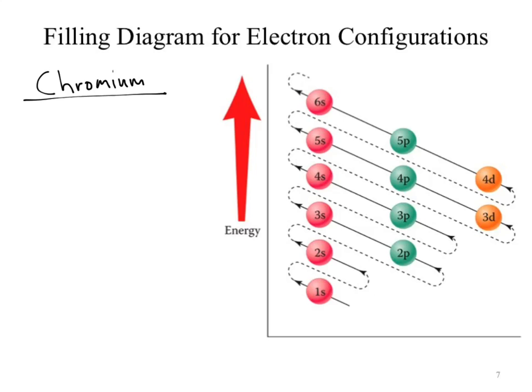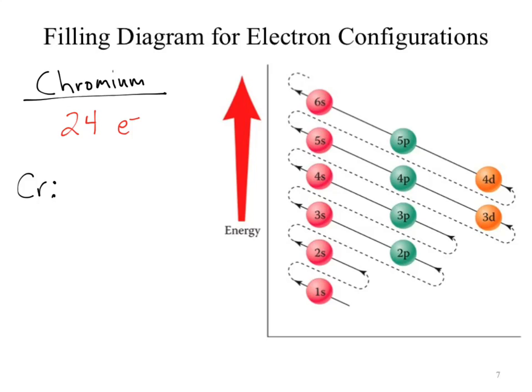Okay? So let's go through and take a look at chromium. Start to combine some of this information. Symbol: Cr. How many electrons? 24. Gotta admit, I'm a little bit rusty with chromium. This could be a bit dicey. Okay?